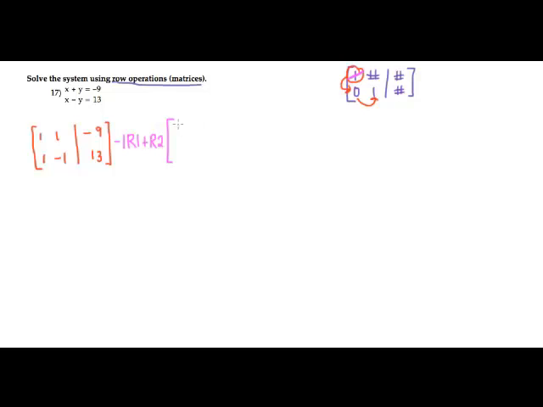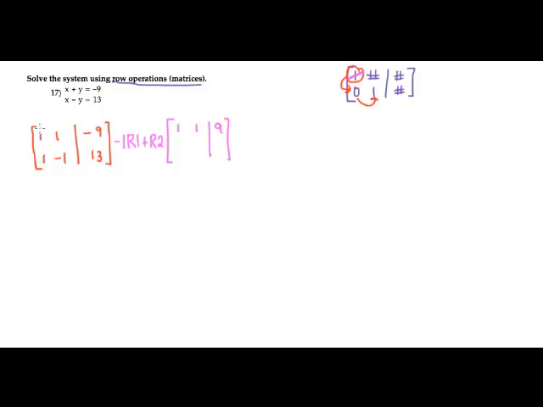So when we do that, the first row doesn't change, because we don't want anything from our goal. Nothing's happening there with the first row. What we're trying to do is get a 0 in the second row, so the only thing that's going to change is the second row. What we're going to do is say -1 times what's here and add it to the second row.